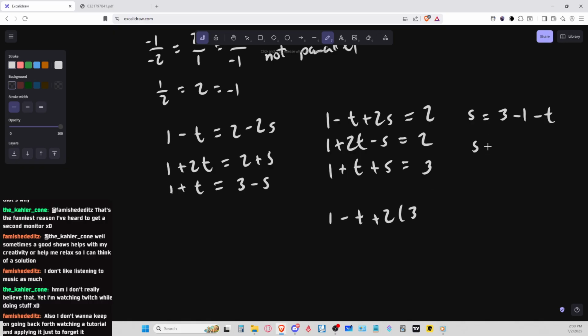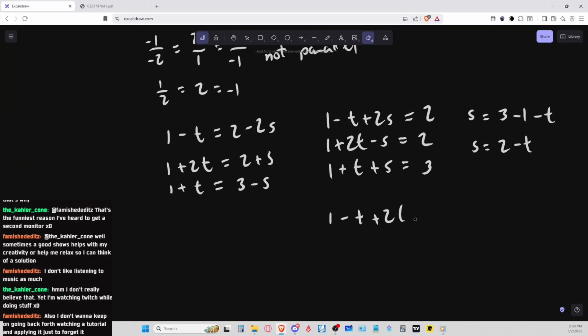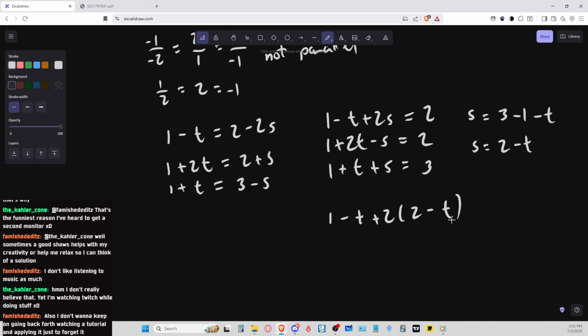Oh, oops. Forgot to do this. There we go. That makes it easier. So 2... Oops. Too close. So 2 minus t times 2 equals 2.